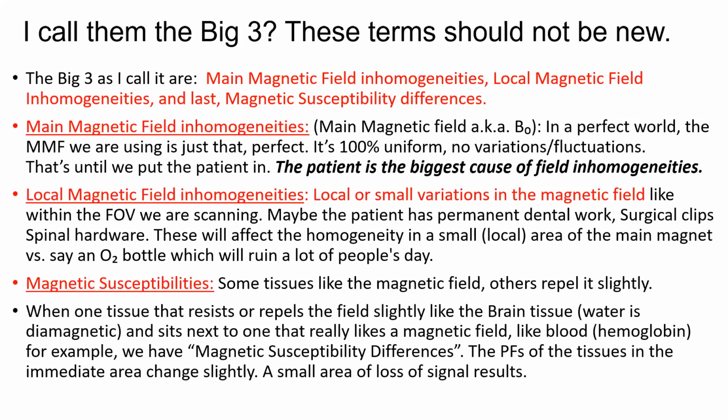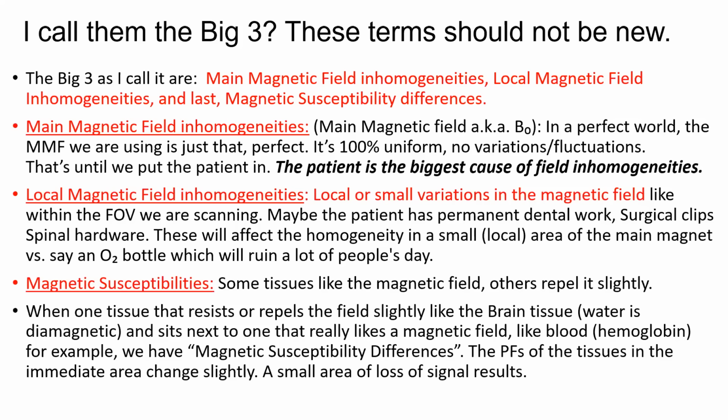Diamagnetic actually repels the magnetic field just a little bit, whereas ferromagnetic is going to attract the field a lot. That's one of the reasons why an oxygen bottle will go flying. And then there's paramagnetic, which is what gadolinium is, and it only brings the field in a little bit. I got some graphics on that.